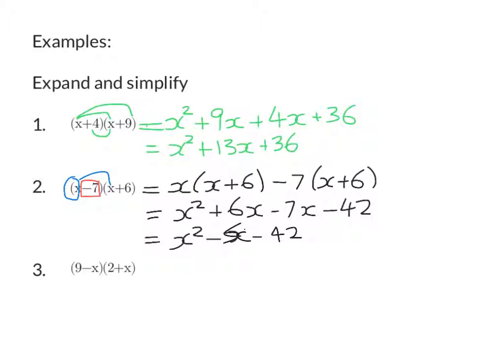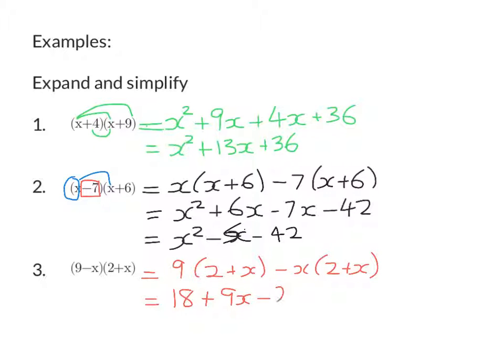Right. The last one, 9 minus x times 2 plus x, we can again write out like this. So we get 9 times 2 plus x minus x times 2 plus x, or you could go straight to your own method of expanding. So we'd get 18 plus 9x minus 2x minus x squared, which gives me 18 plus 7x minus x squared.